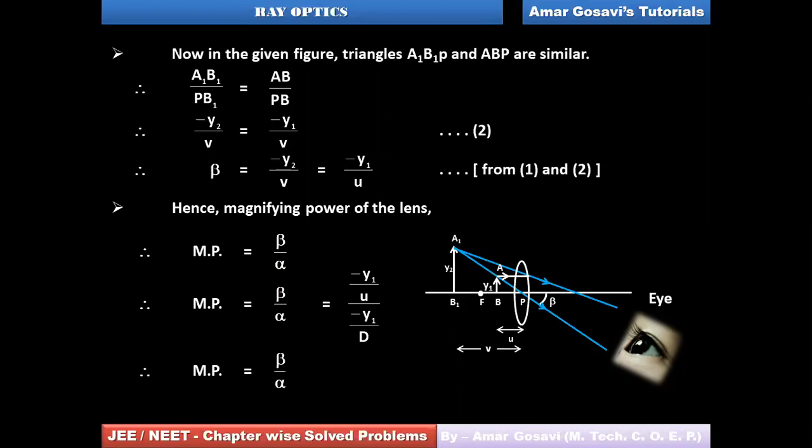Y1 gets cancelled and ultimately you can see it is d by u, friends. So we got the equation for the magnifying power of a simple microscope, given as d by u, where d stands for the distance of distinct vision and u stands for the object distance. Make a note of it before we move ahead.